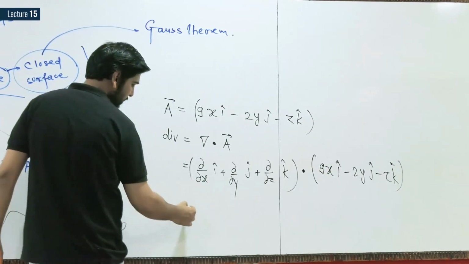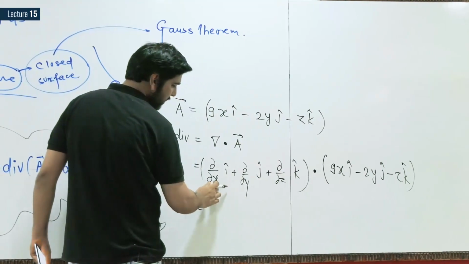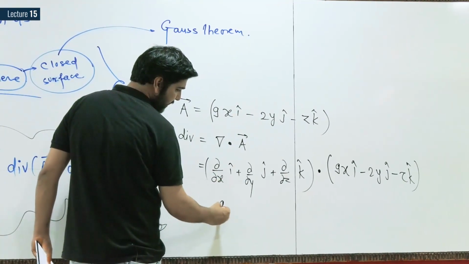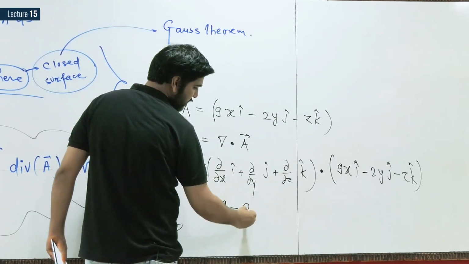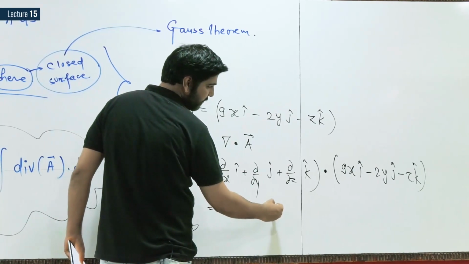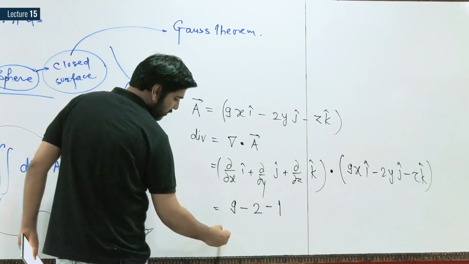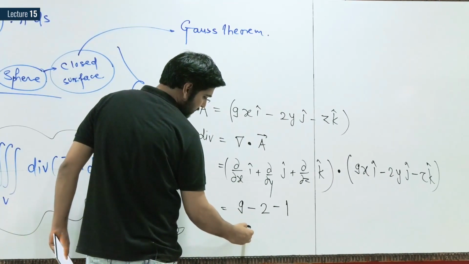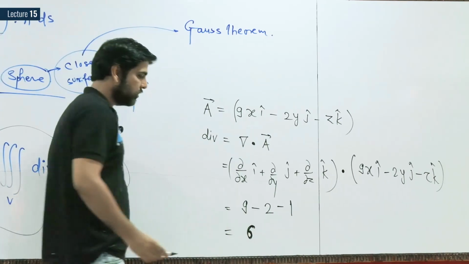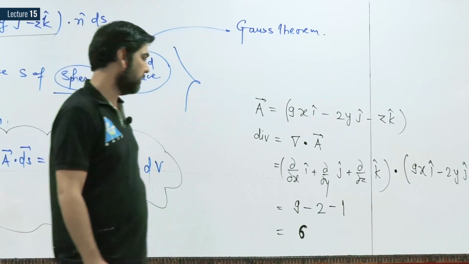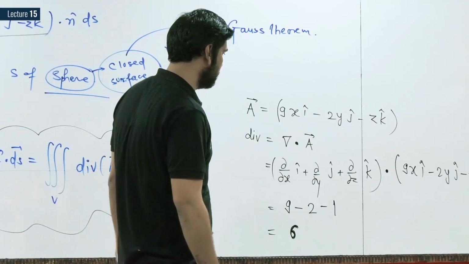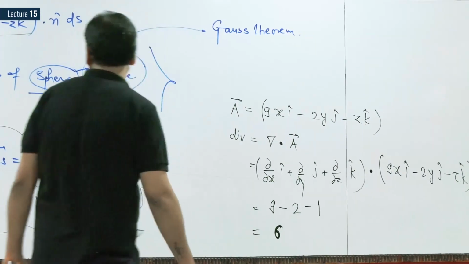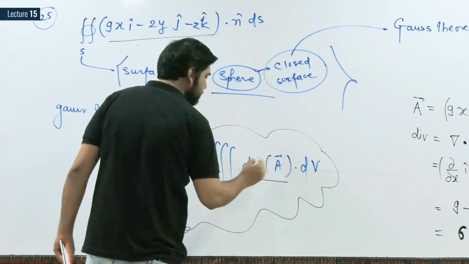So what is the dot product? Differentiation with respect to x gives 9, minus differentiation with respect to y gives 2, and minus differentiation with respect to z gives 1. So what I am getting is 6. 9 minus 2 is 7, minus 1 is 6. Fine. 6 is nothing but our divergence, my dear students.